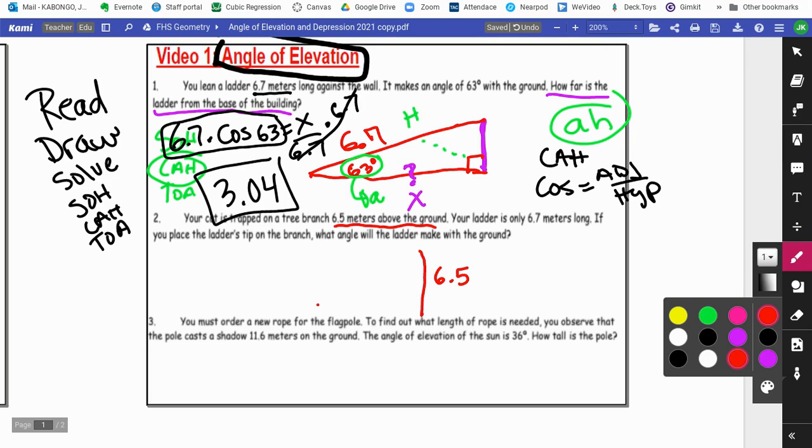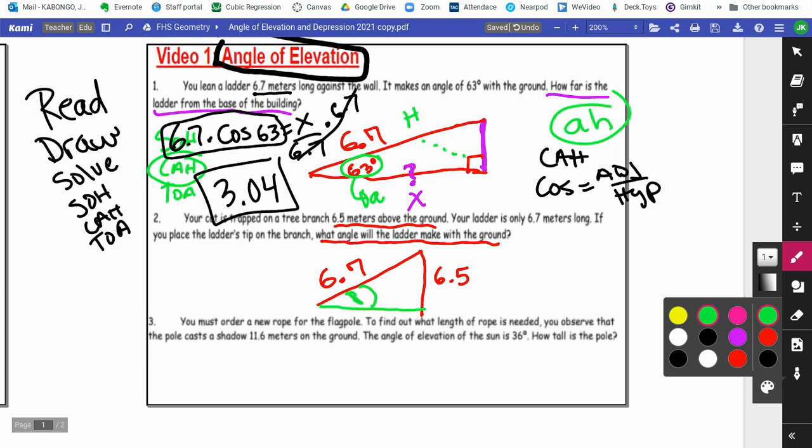So I'm going to draw this ladder, and this ladder is 6.7. Now, what's the question? What angle will the ladder make with the ground? That is where my question comes from. So we're looking specifically for this angle right here.